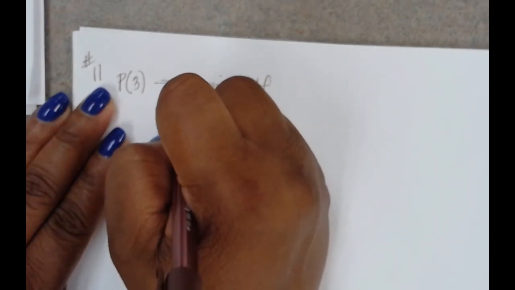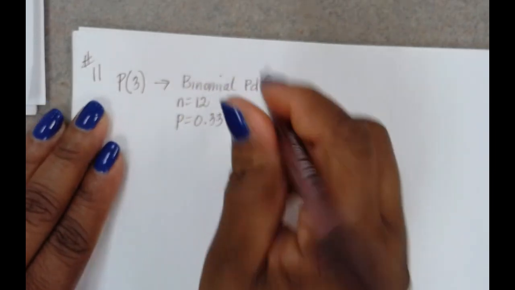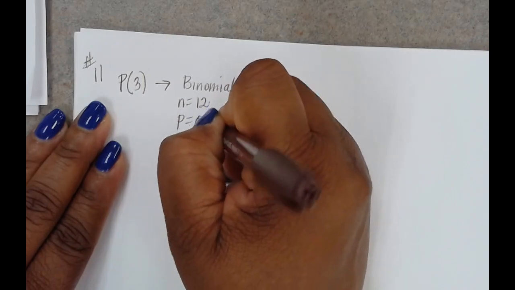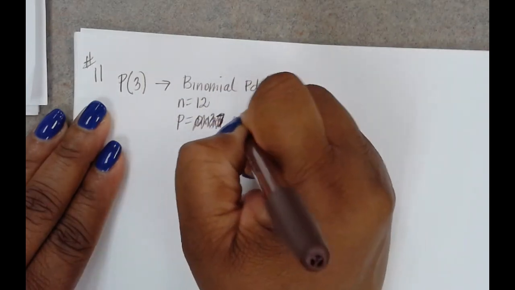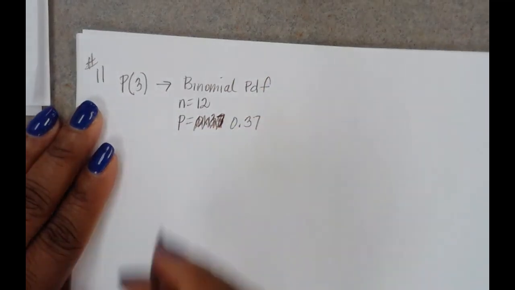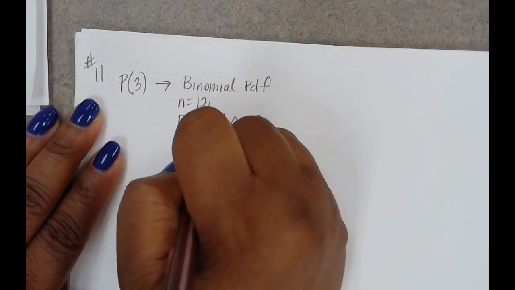We need P. P is 0.37. I'm sorry, y'all, 0.37. And then we need X. X is 3.